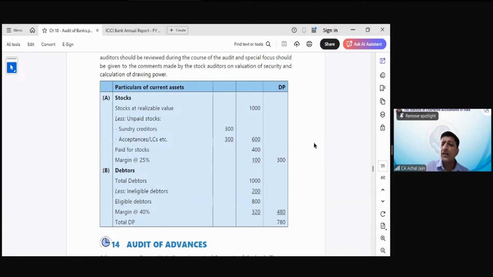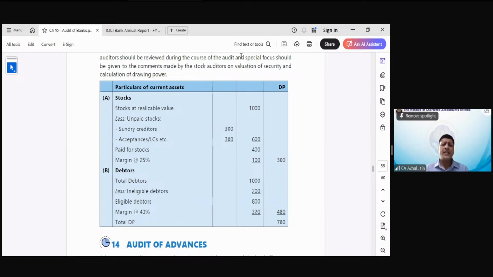Thereby you get the amount of debtors that will be considered for drawing power. So there is one amount of stock, there is another amount of debtors, and in this case the total summation of these two is 780. This 780 will be considered as the drawing power for a bank.